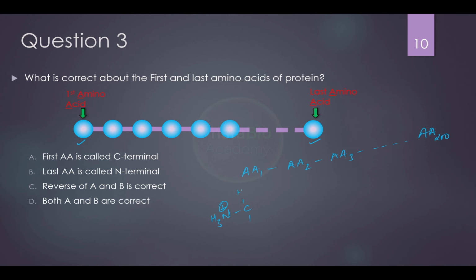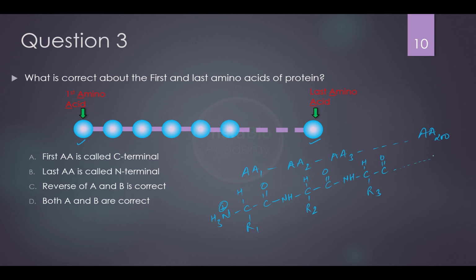You have H, you have R, and then you have a CO. Now because there's a peptide bond formed, it is formed like this, and this is R1 of the first amino acid, this is R2, you have a peptide bond again, and then this is R3, and it goes on and on.